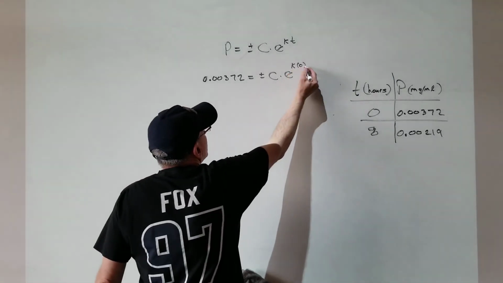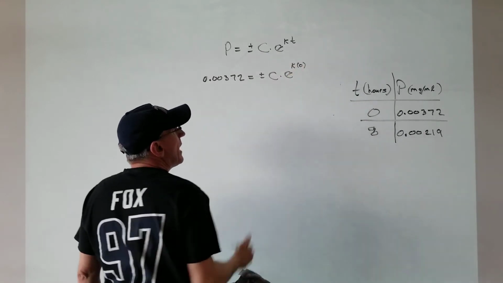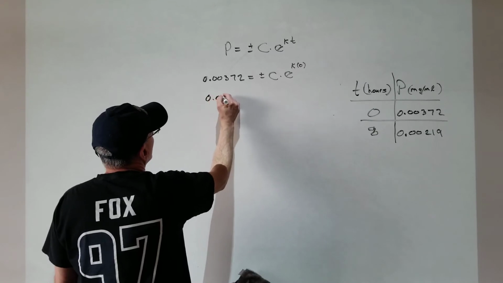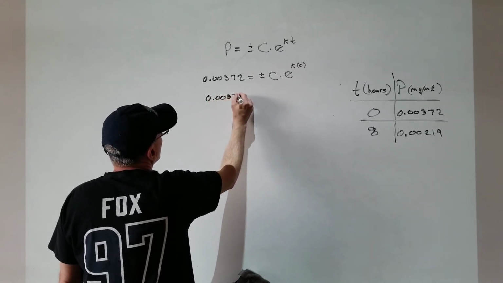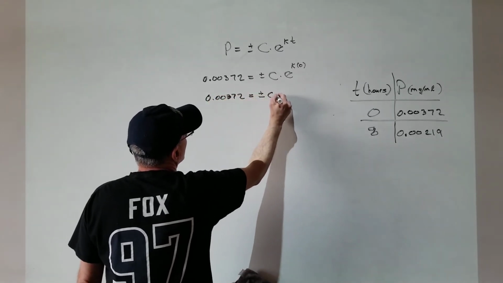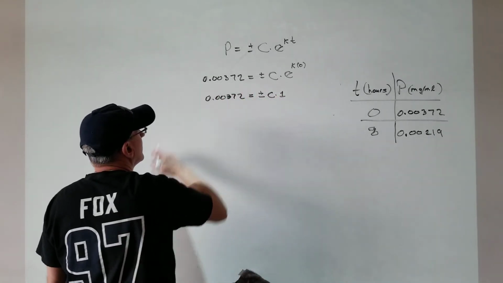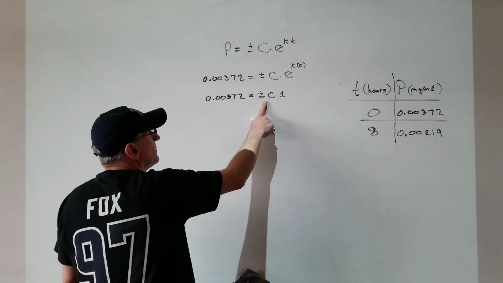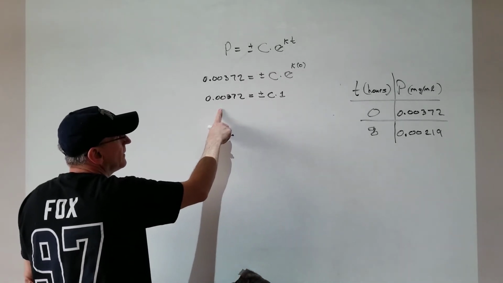K times 0 is 0 and e to the 0 power is 1. So it must be the case that this C is positive and equal to that.